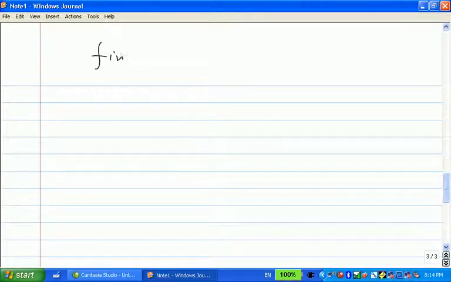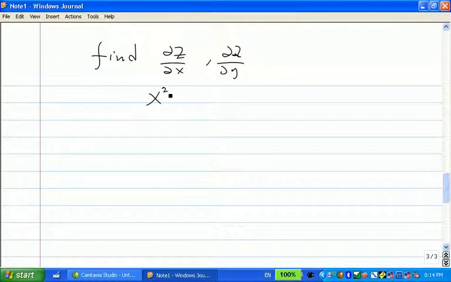We want to find the partial z with respect to x and the partial z with respect to y. Let me write it here again: x squared plus y squared plus z squared plus 6xyz equal to 1.